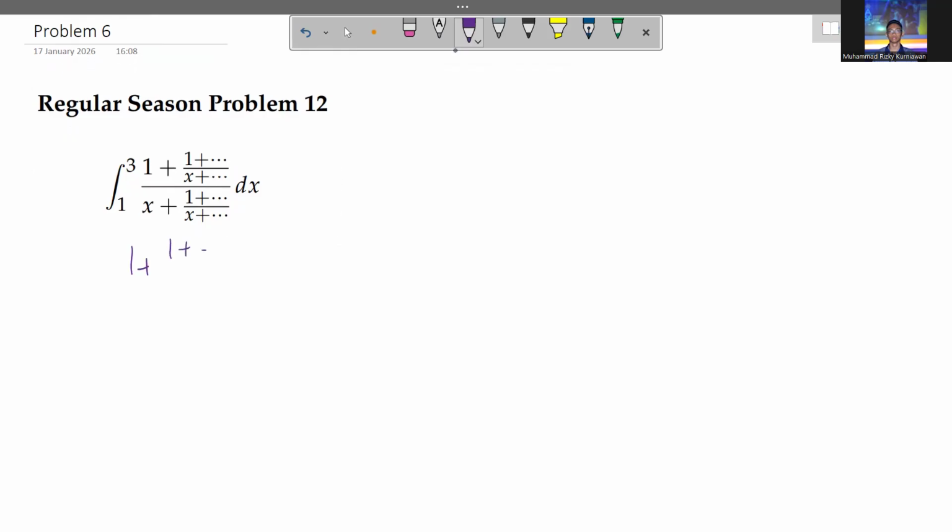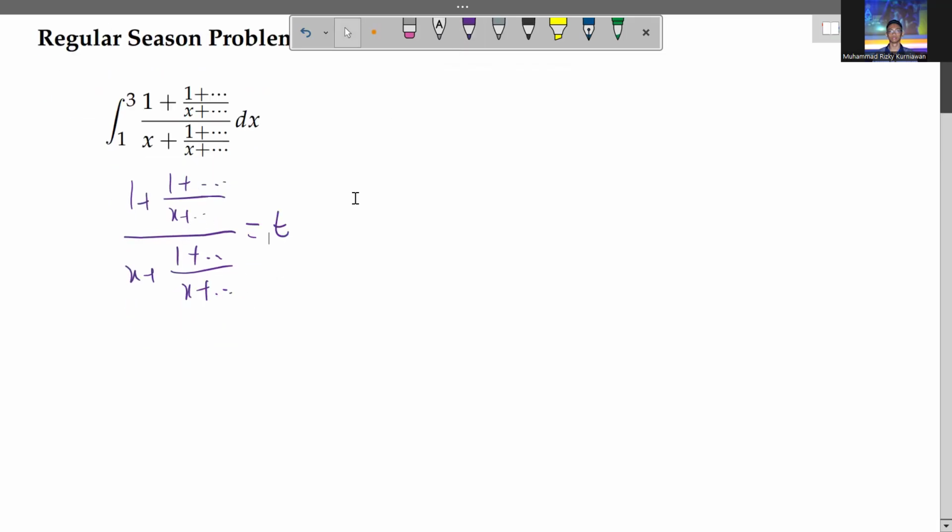So this is 1 plus 1 plus something over x plus something, all over x plus 1 plus something over x plus something. If you let this be equal to t, that means this expression on the left becomes 1 plus t over x plus t, and it should be equal to t.